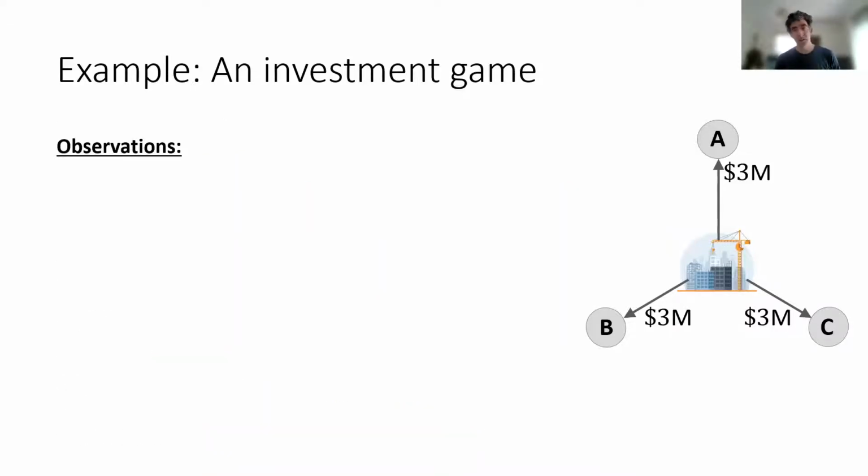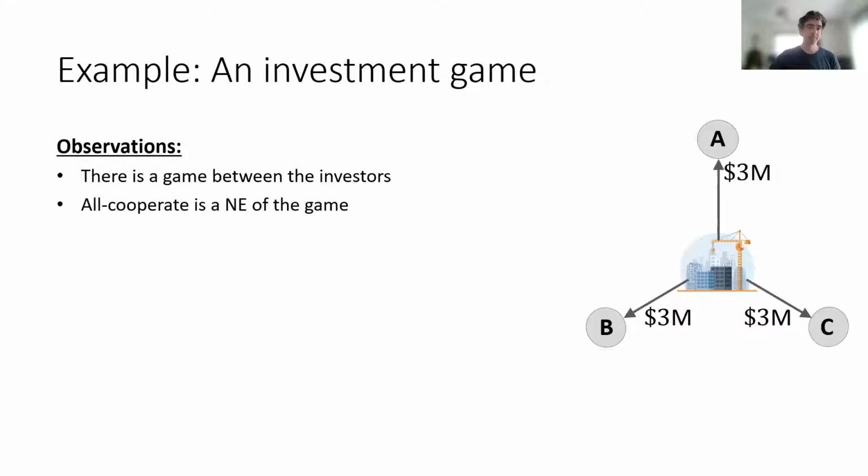So some basic observations from this example are, first, that indeed there is a game between these investors, and all cooperate, the profile where everyone decides to invest, is a Nash equilibrium of the game. But all defect is also a Nash equilibrium, and this is not an efficient equilibrium.